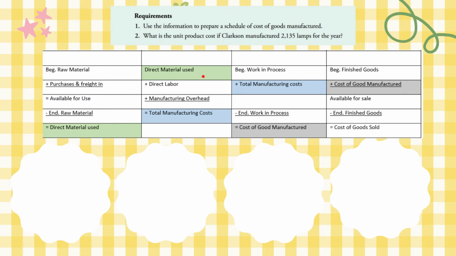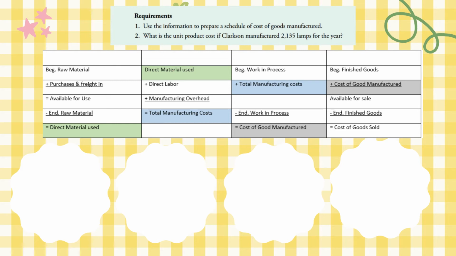It's direct materials used plus direct labor plus manufacturing overhead. If direct materials used is not given, you go back. It's beginning raw materials plus purchases and freight in equals a subtotal, cost available for use, less ending raw materials equals direct materials used.